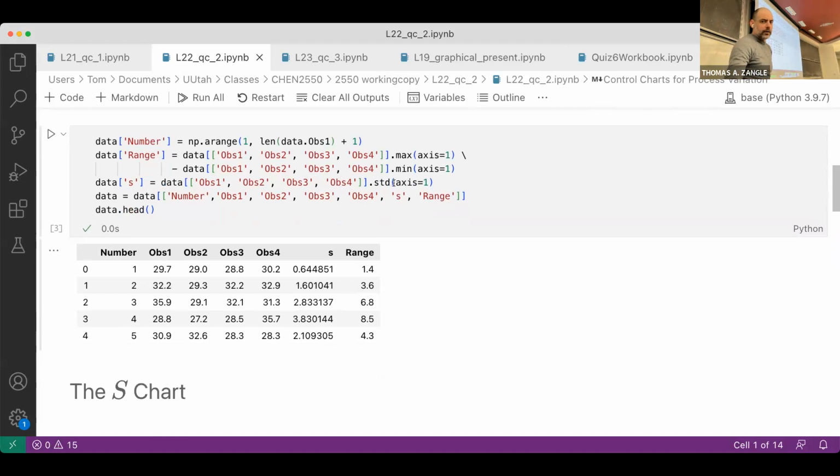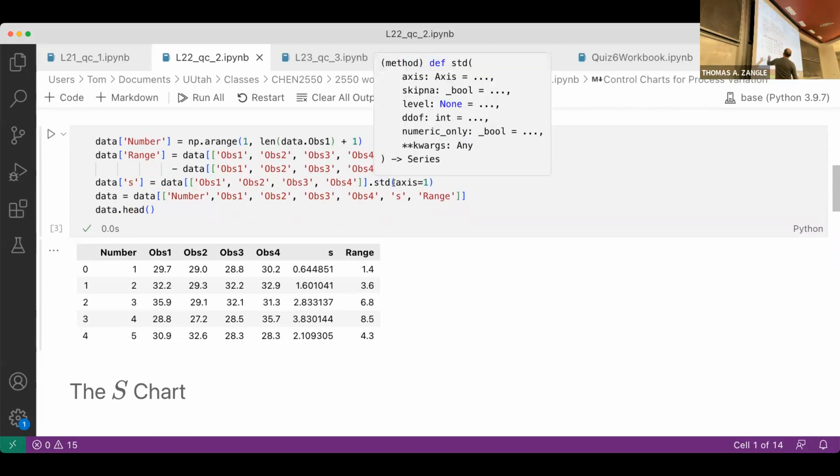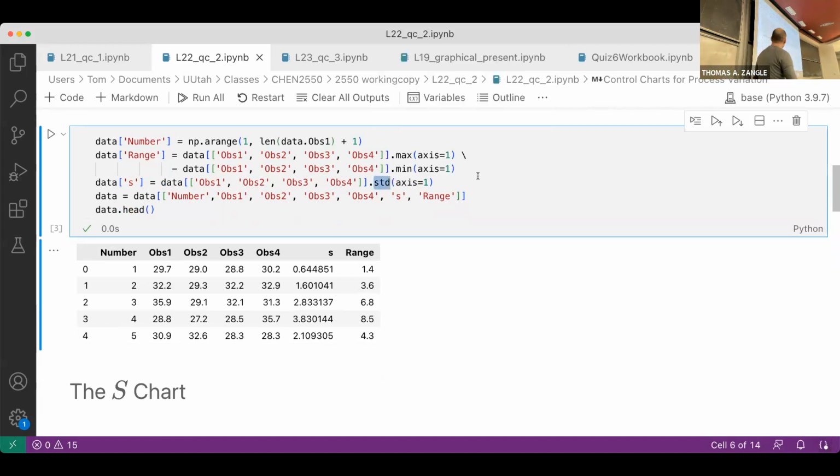And again, note that this is a sample standard deviation. So we've done this using the pandas function for sample standard deviation, which assumes that it is a sample, and therefore the delta degrees of freedom is equal to 1, meaning that we're dividing the sum of squared errors by n-1 when we use that function.